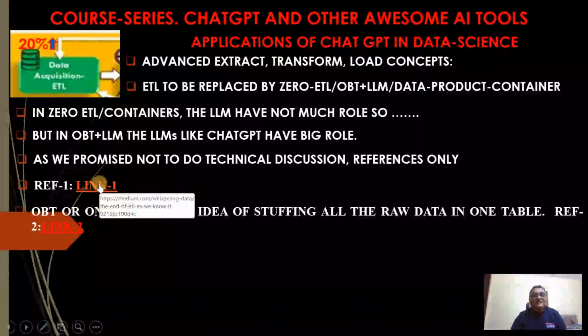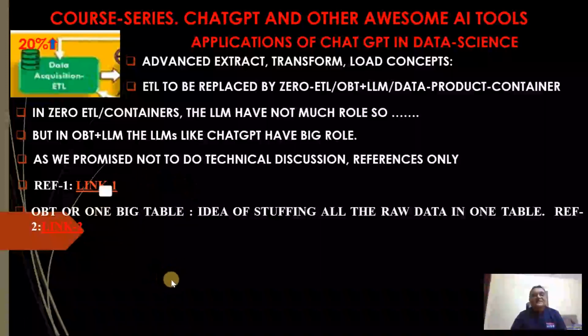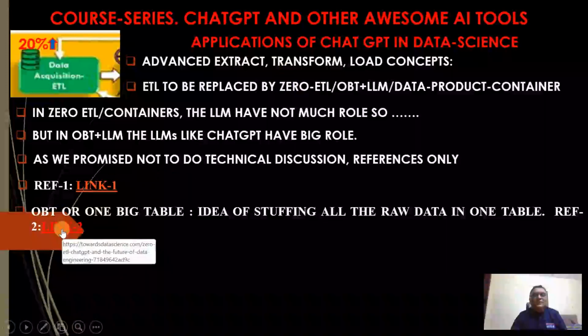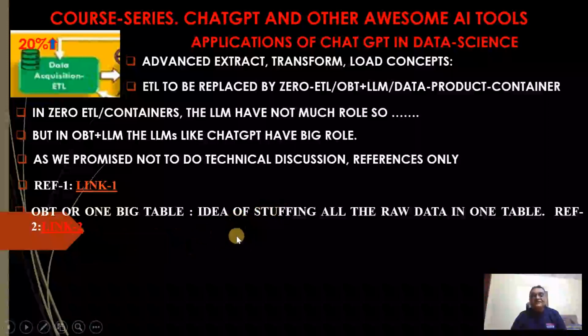One is this reference which you can visit, which discusses the concept of zero ETL. But as I said, more important is this OBT or one big table concept, for which this is the reference. One big table is based on the idea of stuffing all the raw data in one table only.